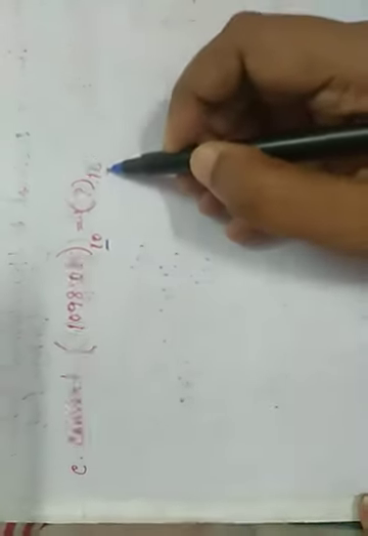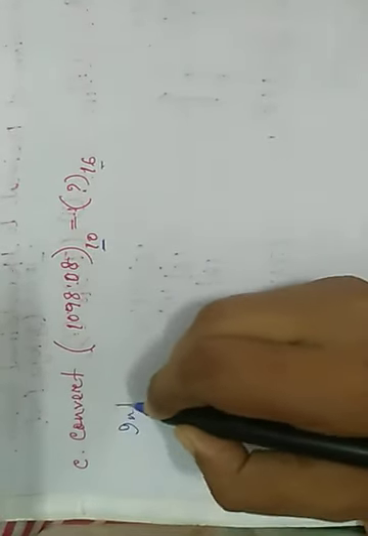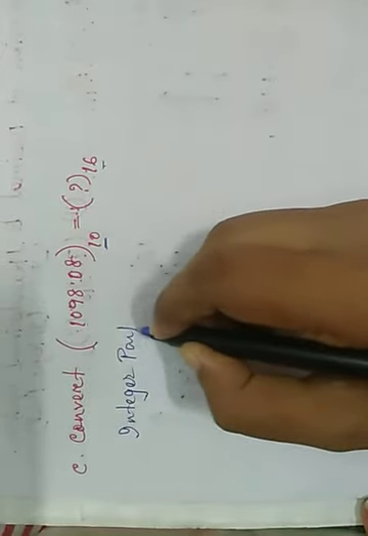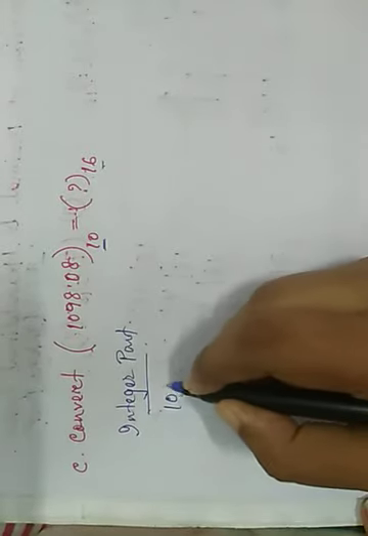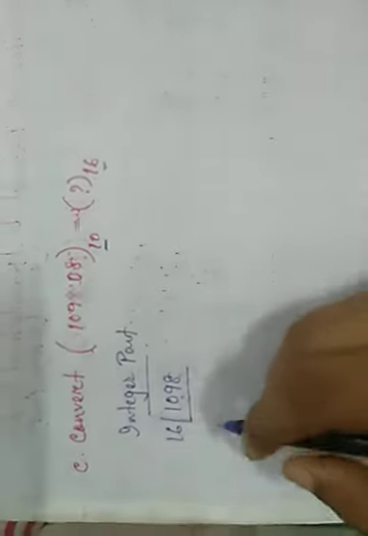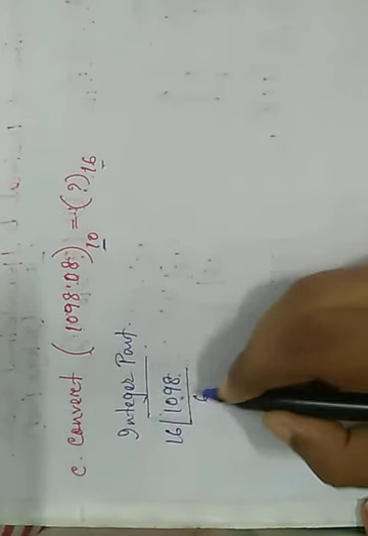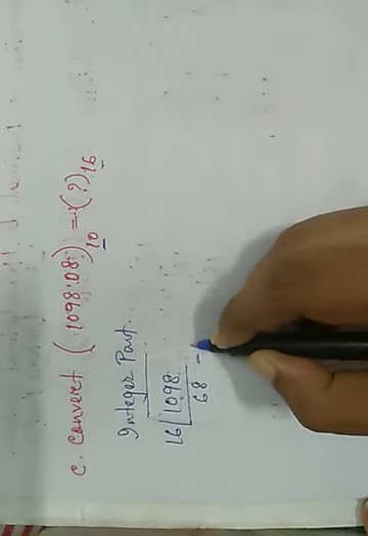We have to convert it into base 16, that means hexadecimal value. For the integer part we have to divide it by 16. So 16 into 68 is 1088, remainder is 10.